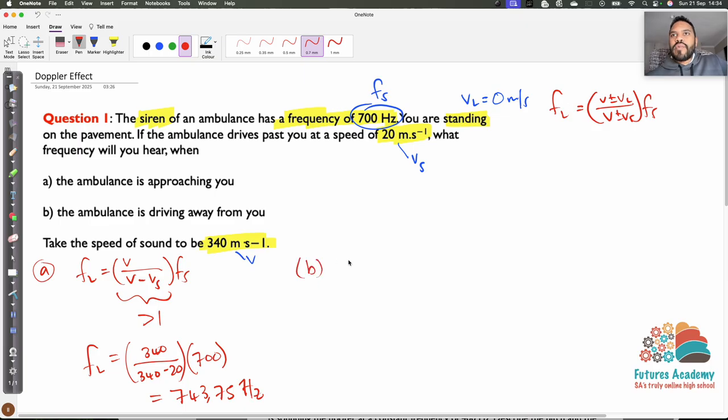And again, we write down this formula. It's going to be FL is equal to some bracket times Fs. In the bracket, I'm going to have V, I'm going to have Vs over here. I know that my velocity of the source is 0, and because that is 0, my apologies, not the velocity of the source, but the velocity of the listener, or the speed of the listener, rather.